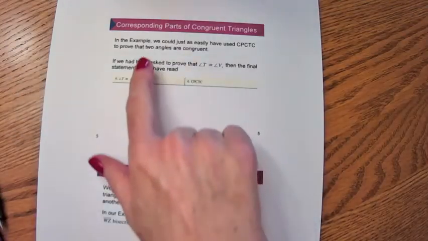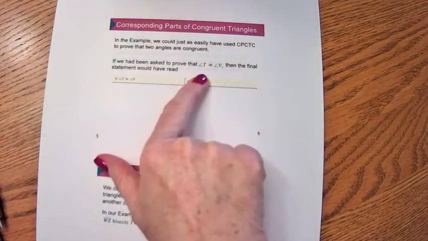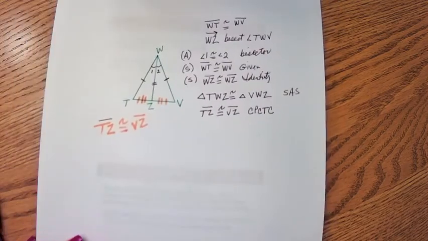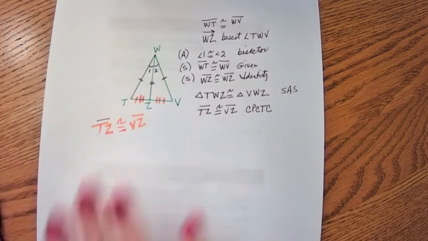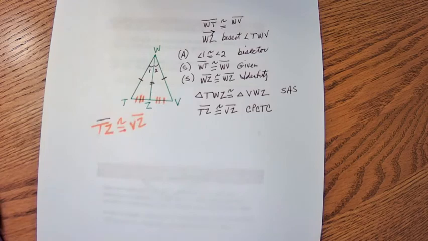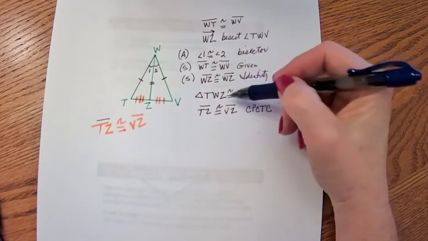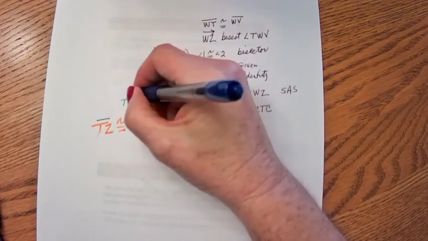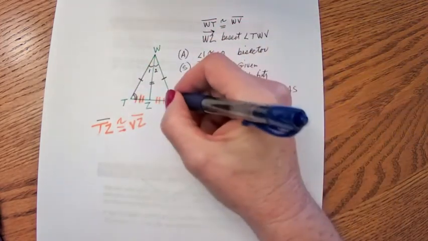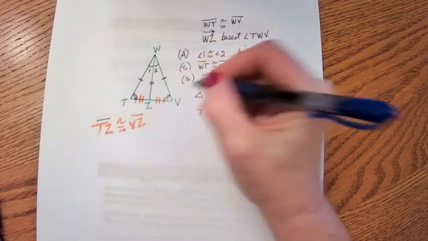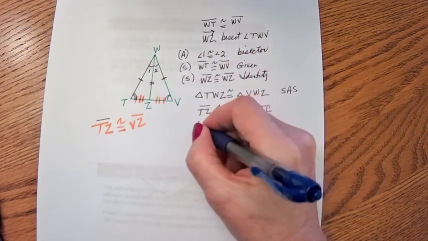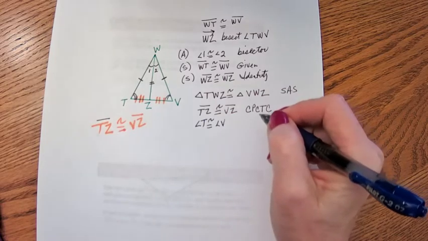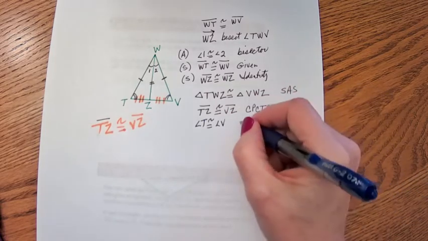But now the next page goes on and says, couldn't we have asked to prove that angle T is congruent with angle V in this situation? Sure, we already know that the triangles are congruent. So I'm going to put two loops on T and two loops on V, and I can say angle T is congruent with angle V. Why?